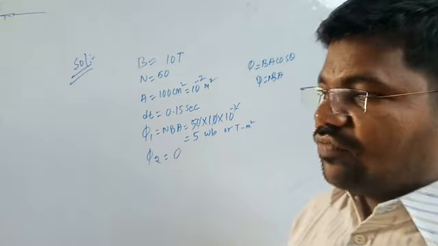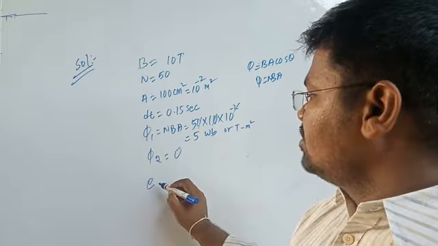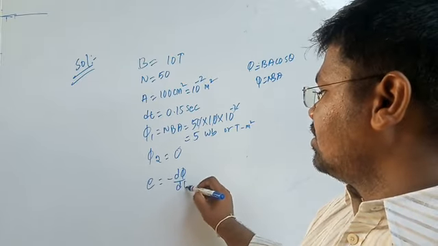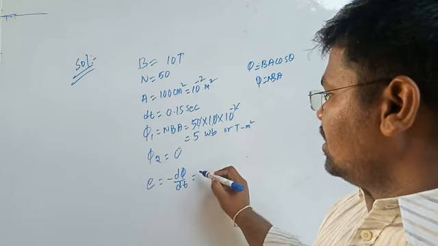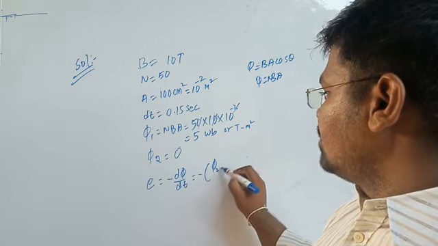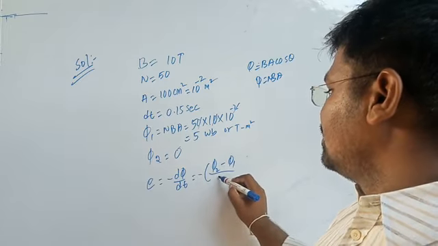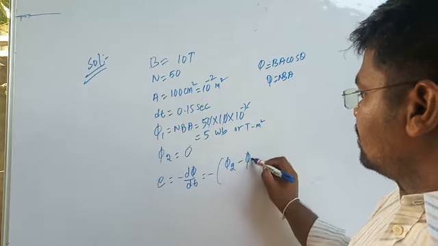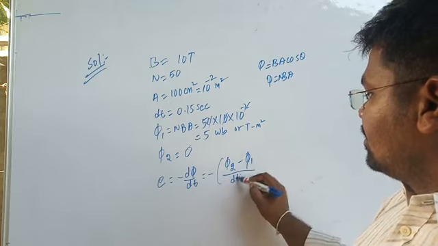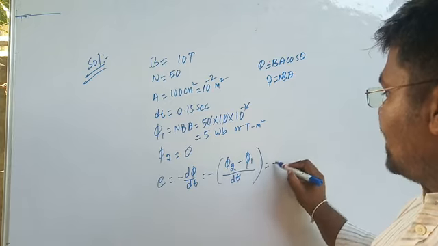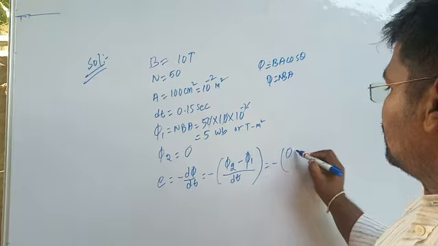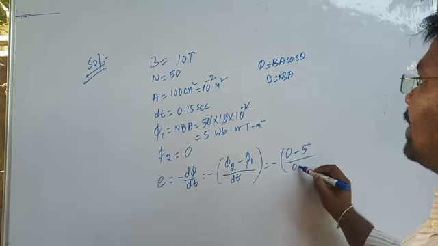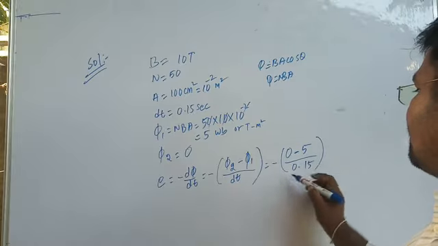So what is the formula for induced EMF? Induced EMF E is equal to minus d phi by dt, that is minus phi 2 minus phi 1 divided by dt. Understand? Phi 2 becomes 0, so 0 minus 5 divided by 0.15.